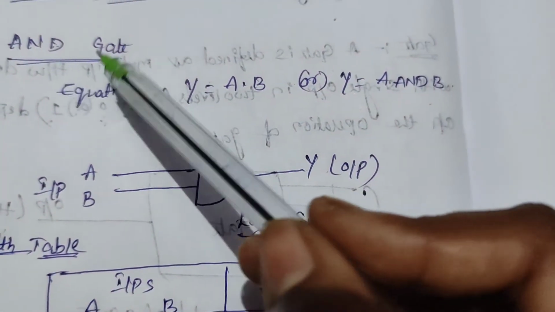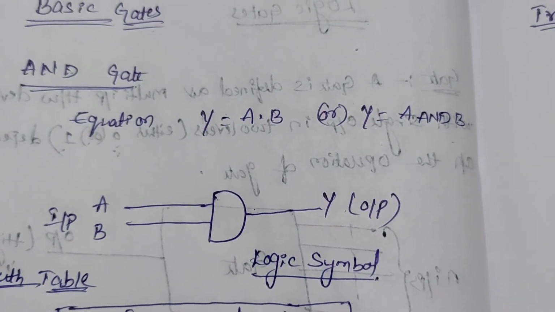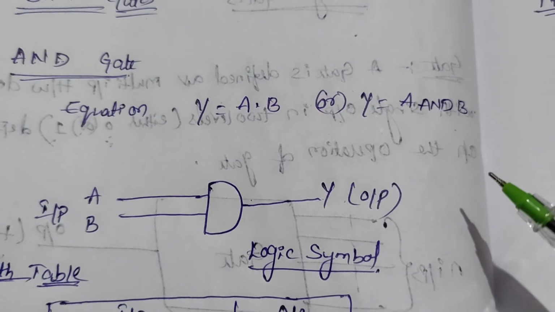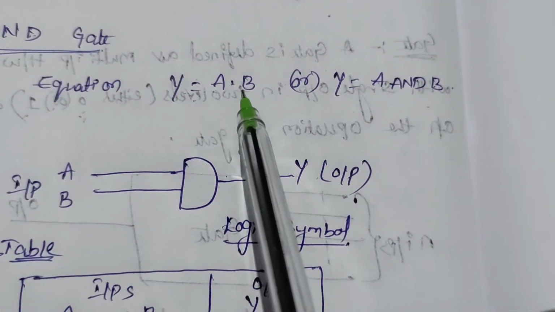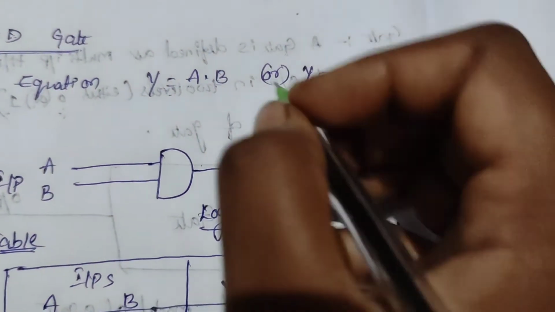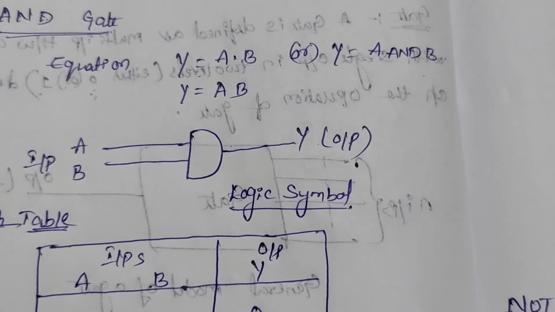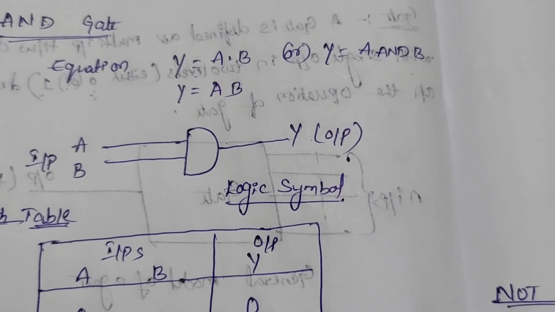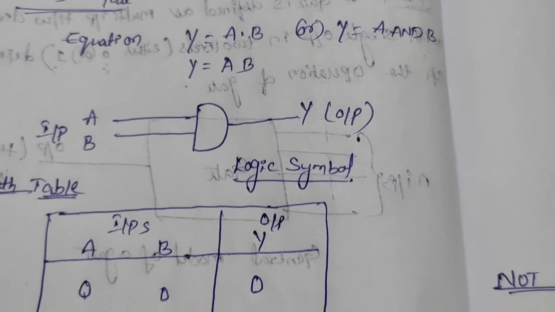Basic gates. We have three basic gates. First we will go with AND gate. AND gate is used to perform multiplication operation. So equation of it is y is equals to a dot b, or simply we can write as y is equals to ab. So simply these gates are used for doing mathematical operation between the signals.